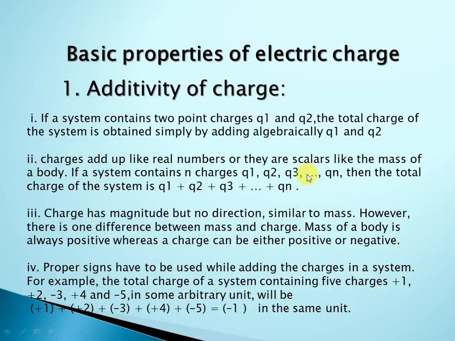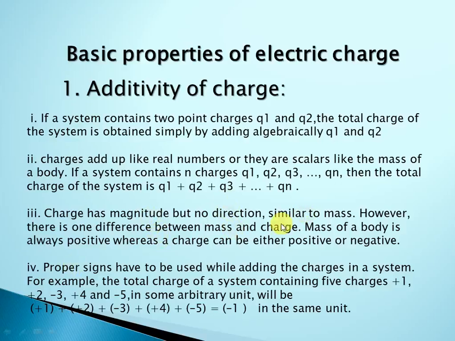Now if we take n charges, that is Q1, Q2, Q3 up to Qn, the total charge will be Q1 plus Q2 plus Q3 up to Qn. Charge has magnitude but no direction, similar to mass.